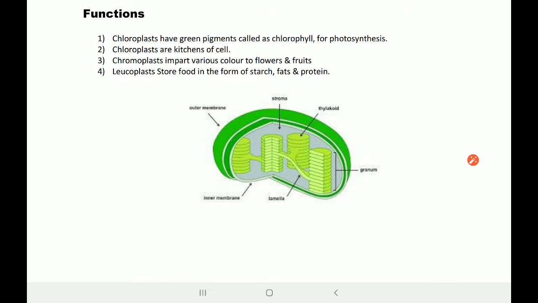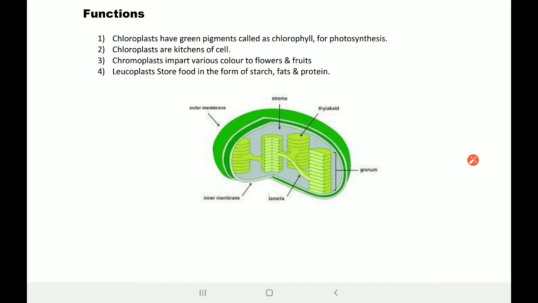Chromoplast. Okay, chloroplast you understood. Chromoplasts impart various colors to the flower and fruit. Because of that, the plant or the flower or the fruit gets its color, right?